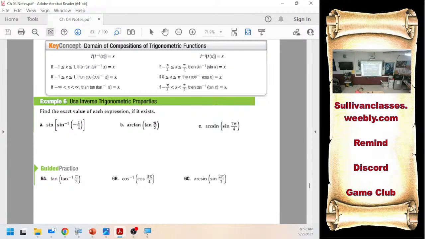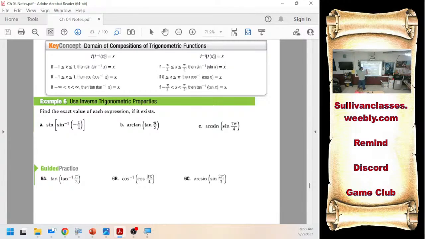And the range can only come out between where and where? -pi/2 and pi/2. What about arc cosine? Domain is the same. Range: what 2 quadrants are we looking in for arc cosine? The top two, 1 and 2. And then arctangent, all real numbers for domain, but quadrants 1 and 4, negative pi over 2 to pi over 2. Okay?